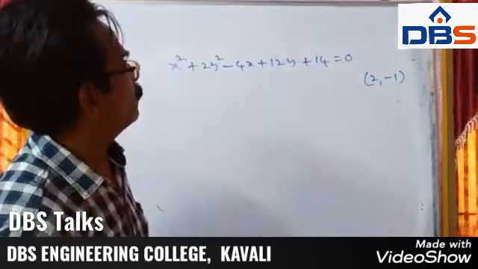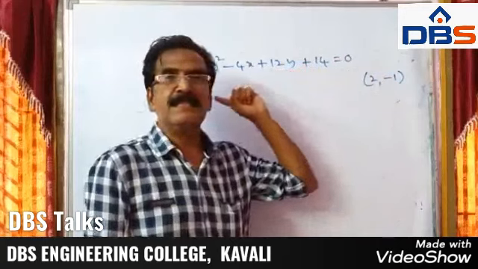So we have to find the equation of the tangent and normal at the point 2 comma minus 1 on this ellipse.